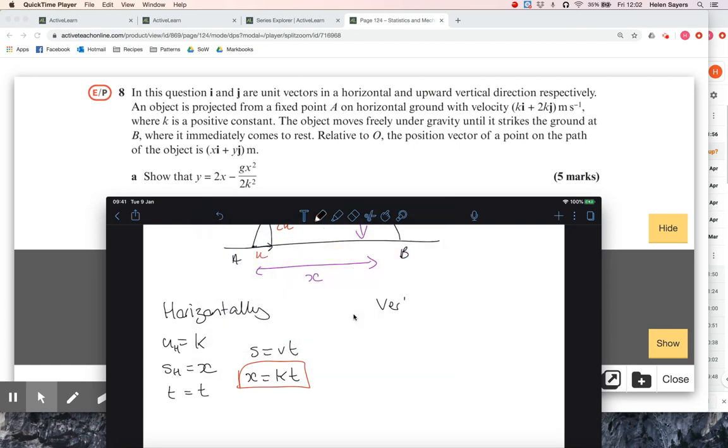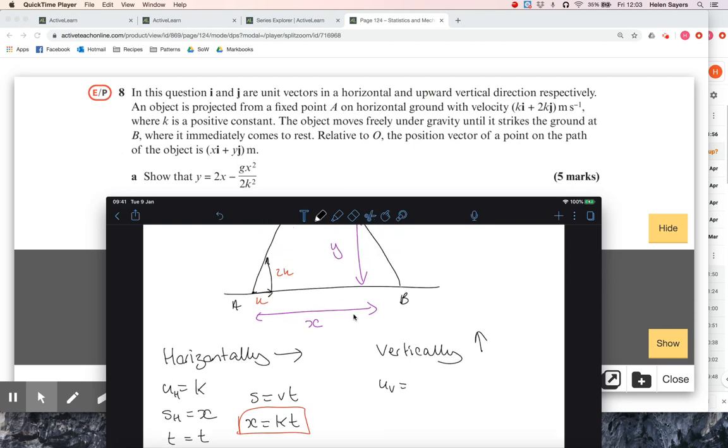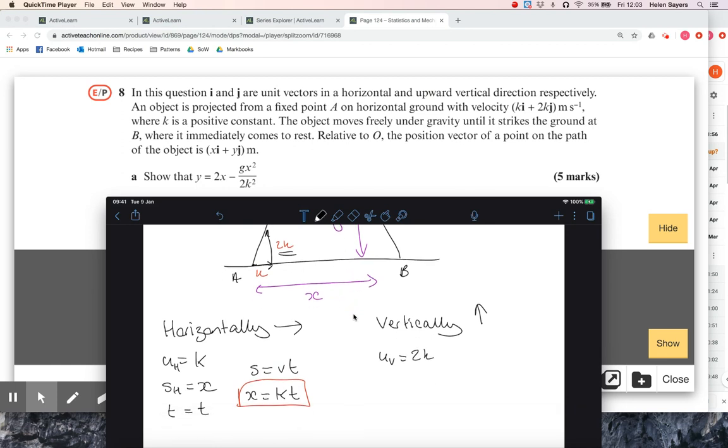Then let's go vertically. Vertically we are going to have to use suvat because there is acceleration. I was going to the right then, so I'm going to take up as positive when I'm going vertically. The initial velocity vertically, again, they told me in the question, is 2k. The vertical displacement, they're telling me to call y. I'm taking up as positive, so the vertical acceleration is minus g, because obviously g is working downwards.